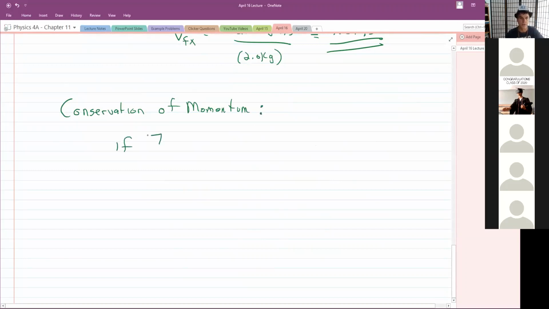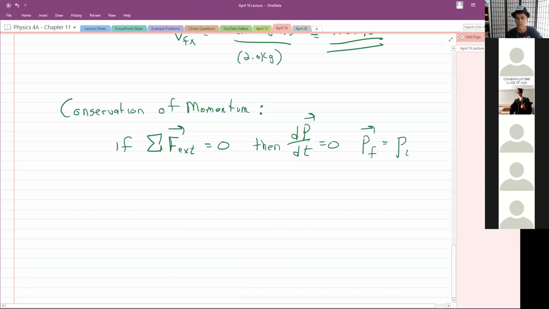If the sum of the external forces acting on a system is 0, then the change in momentum of the system with respect to time is 0, which means my final momentum is going to equal my initial momentum, where these are the total momentum of the system. So that's what conservation of momentum says: if all the external forces acting on a system add up to 0, the momentum of that system doesn't change.